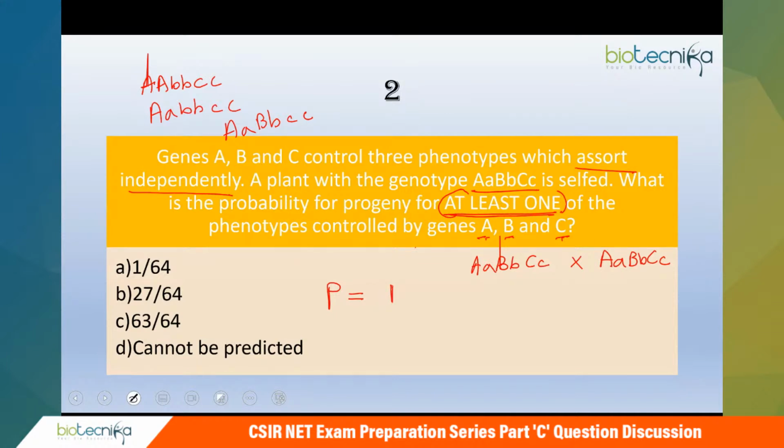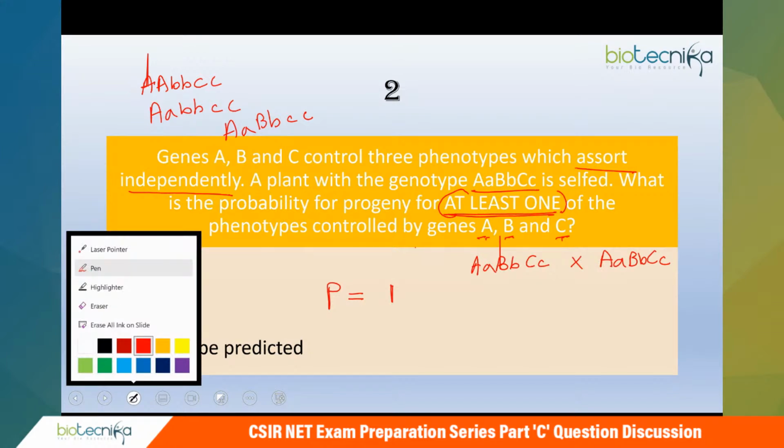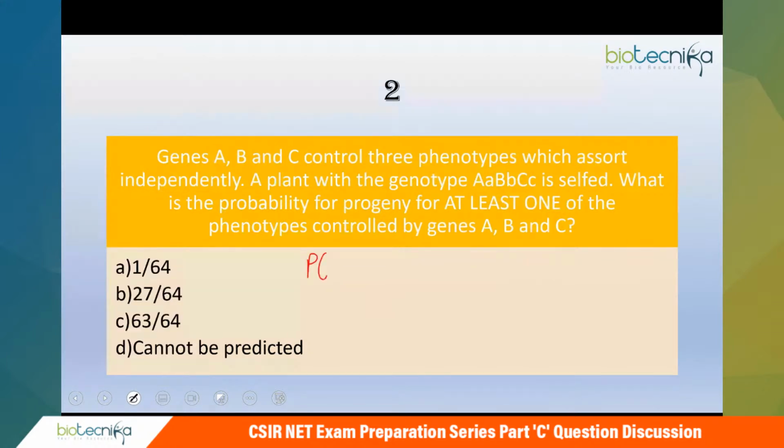The probability of all recessive phenotypes plus the probability of at least one dominant phenotype will be equal to 1, right? So at least one dominant. What is the lower limit? The lower limit is that at least one has to be dominant. So what class is not included here? The class where all the phenotypes are recessive.